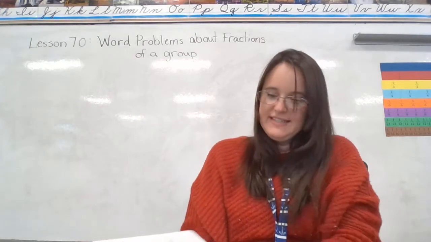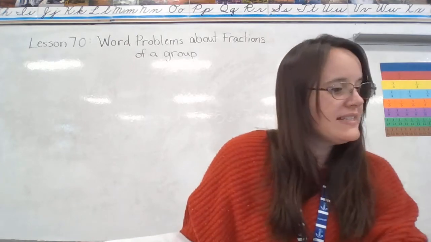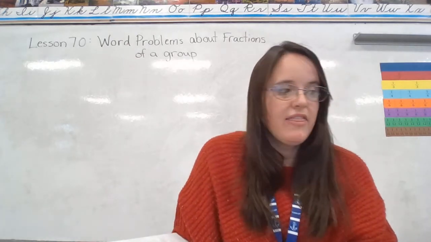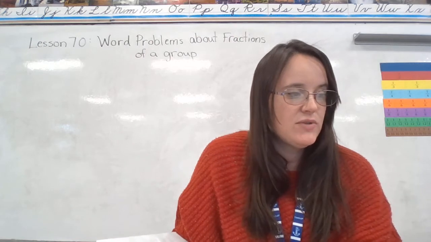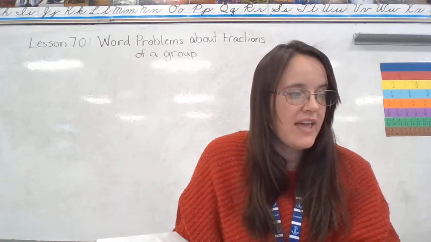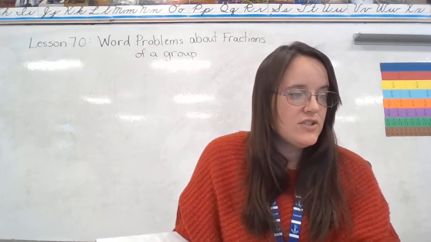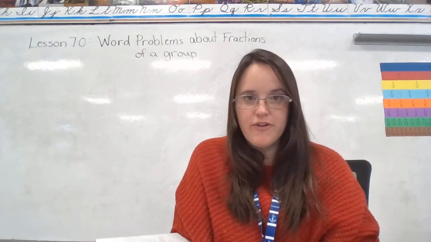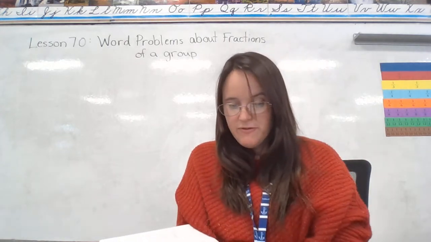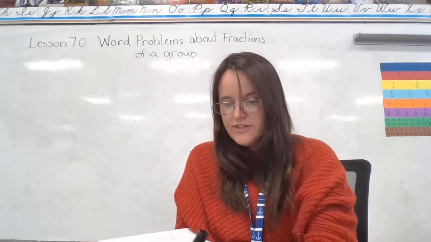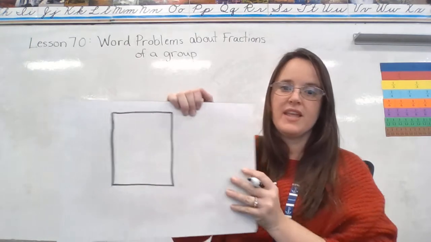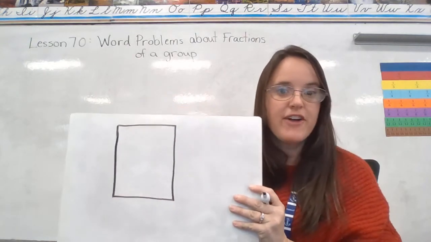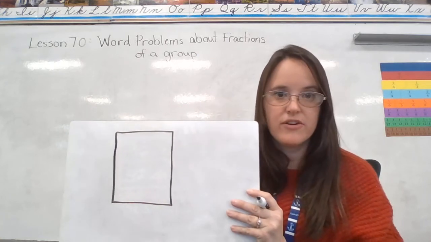Okay, our next example says on Friday, 1/3 of 27 students purchased lunch in the school cafeteria. How many students purchased lunch on Friday? So just like before, we are going to start with a rectangle. And then we need to look at our fraction. It says 1/3.